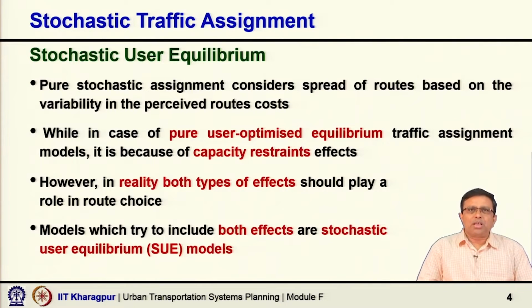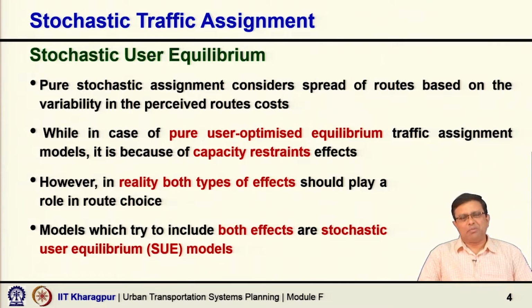Now, pure stochastic assignment considers the spread of routes based on variability in the perceived route cost or path travel time. We know that true travel time is not known, and information availability is limited.